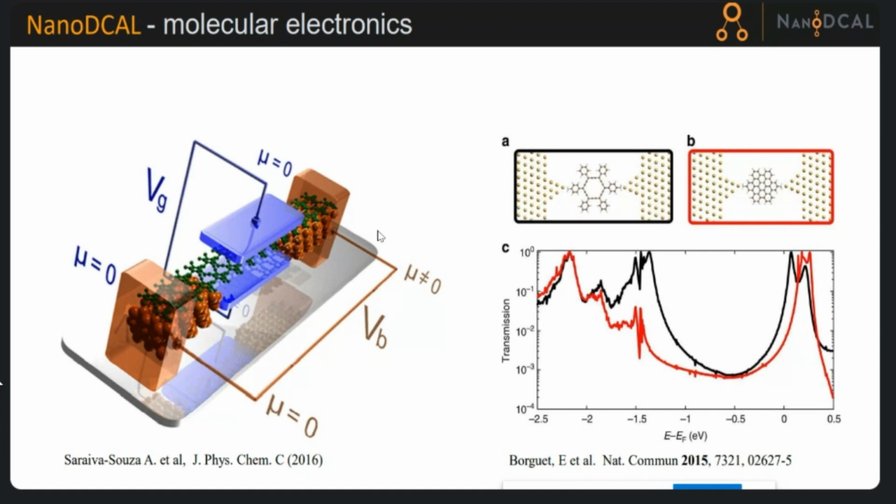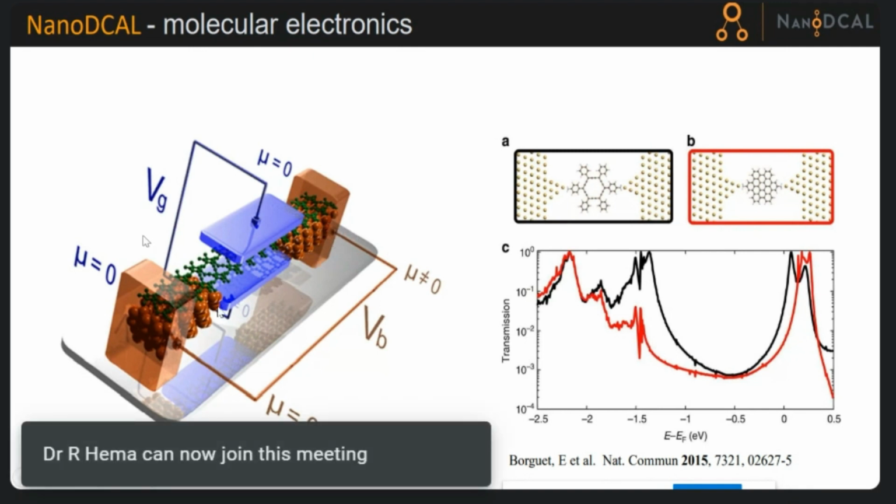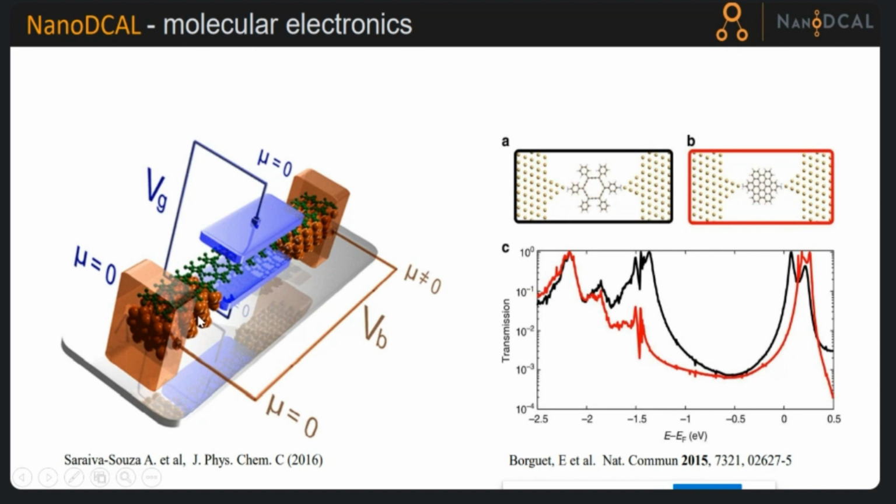So you can define the molecule in the middle region, and the electrodes, that is source and drain, on the left and right sides, and a gate terminal in the middle. So you can see here, this is the left side, which is the left electrode, a metallic electrode, where this gray color is there, that is called the electrode. This green layer is there, that is called the molecular layer.